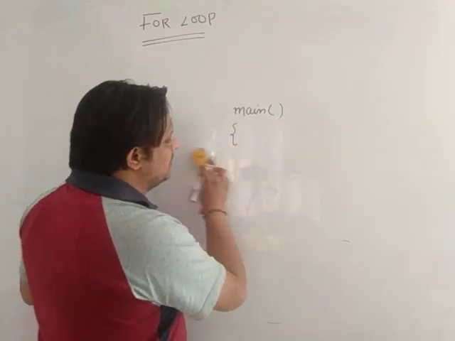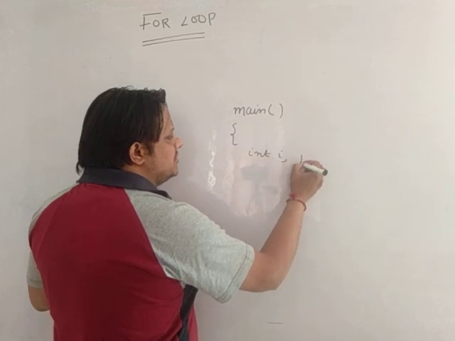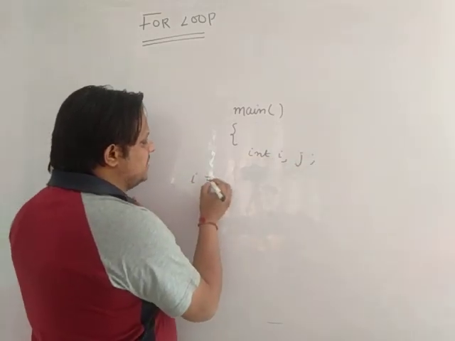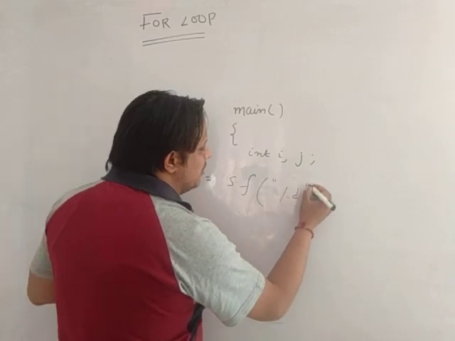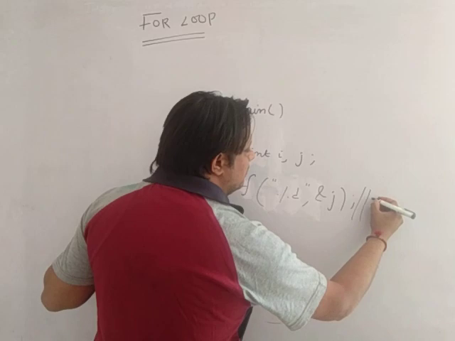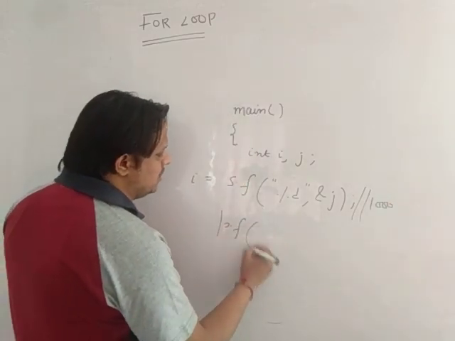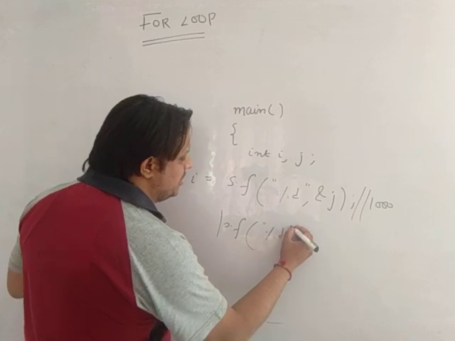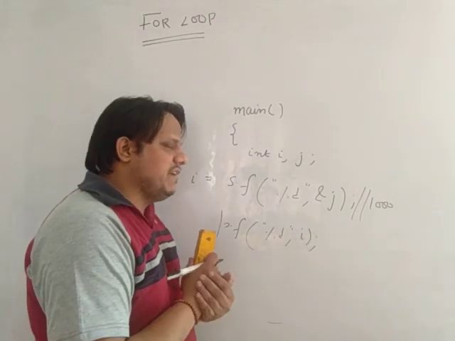Similarly, let's suppose I write int i, j, and i is equal to scanf %d comma address of j. Suppose the input taken is 1000 for j, and you are printing %d comma i, the value of i. So tell me what is the value of i?